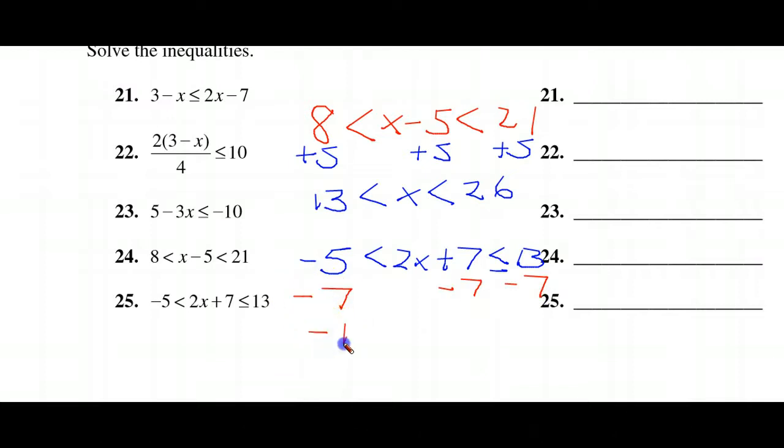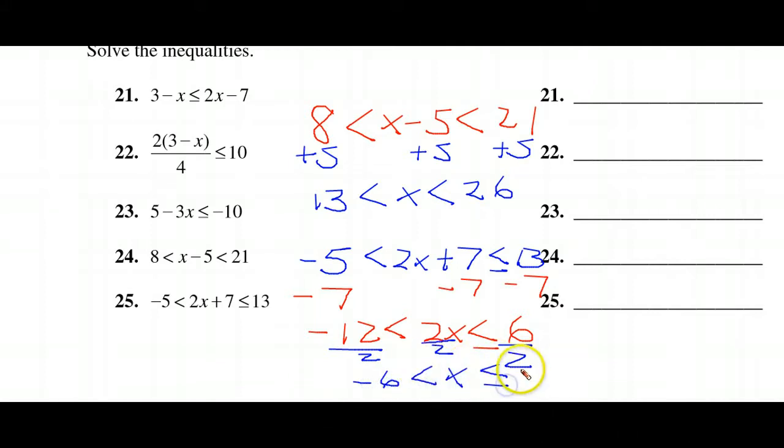We then get a negative 12 is less than 2x is less than or equal to, how about a 6? And now we're going to divide everything by 2. So this is a negative 6 is less than x is less than or equal to 3.